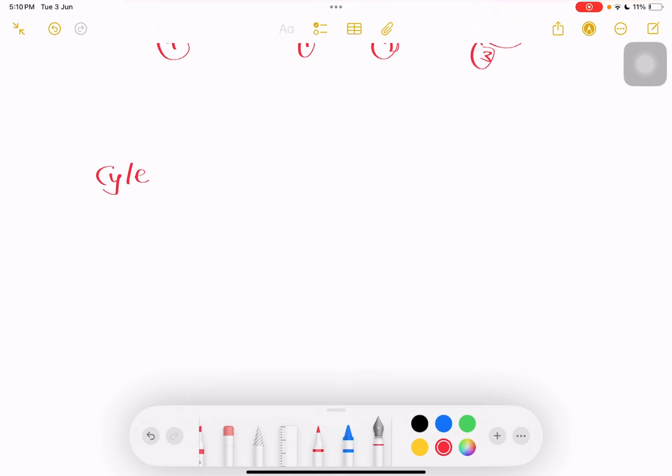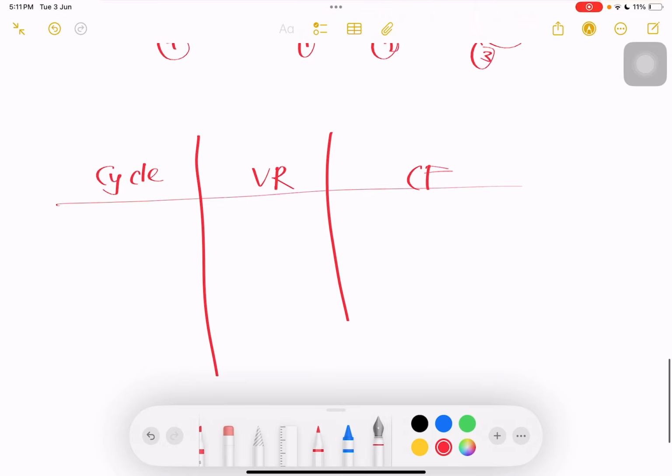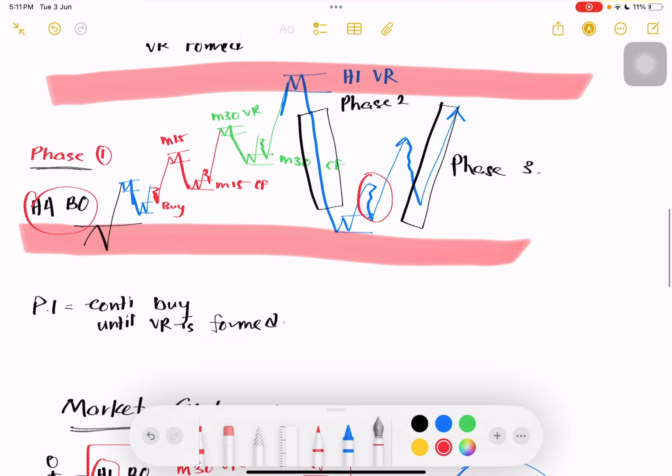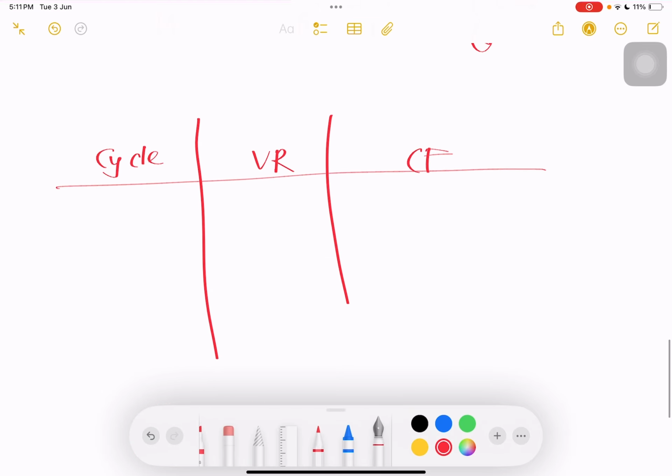Okay, so now I repeat again. Cycle, VR, CF. For this example, our range is H4, right? So we are waiting for H1 VR and H1 CF.